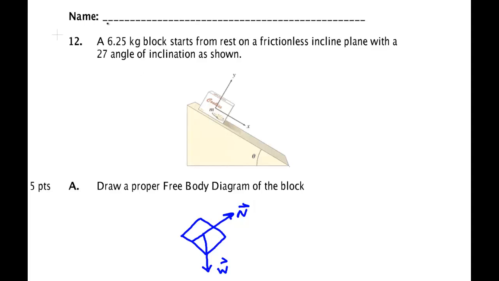I need to have an axis. It is convenient to draw my axis perpendicular to the surface. Like this. This will be x. This will be y, just like what they drew in the block. And I'll need to have an angle here because this force is not lying along either the x or y.